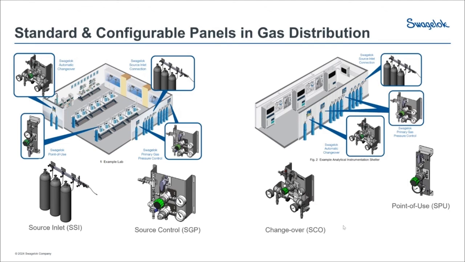Think like a panel for the bottle connection and manifolding that gets you a filter right at the bottle, or think a primary near bottle pressure reduction, either single stage or 2-stage, a highly configurable automatic changeover panel, or a point of use final stage regulator panel, say for example in a laboratory when you've got a very sensitive gas chromatograph or mass spectrometer and you want to be sure you've got that pressure dialed in, because let's face it, the asset's a ton of value and we don't want to over pressurize anything.